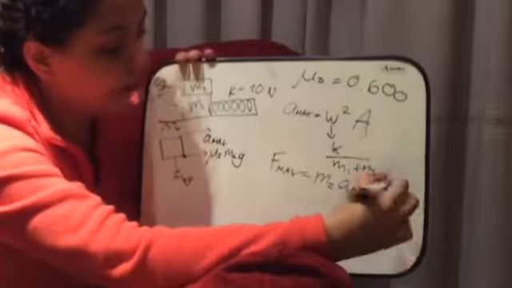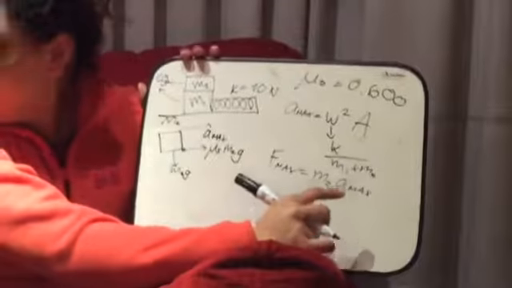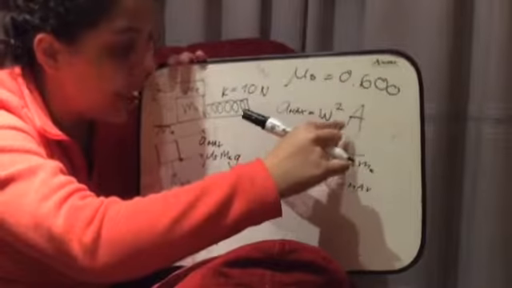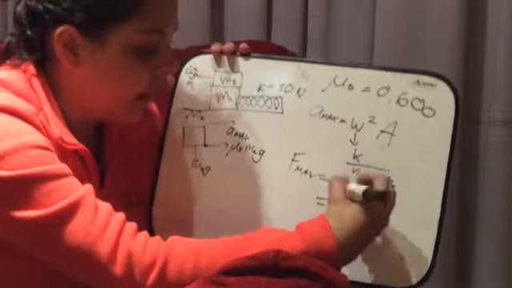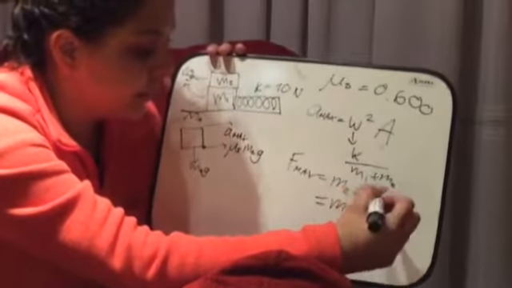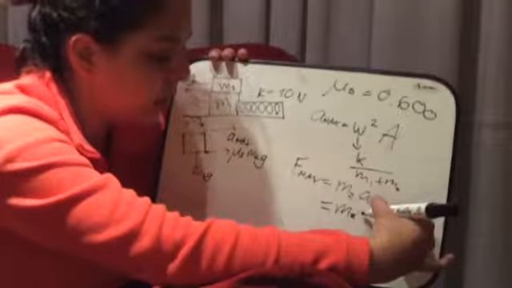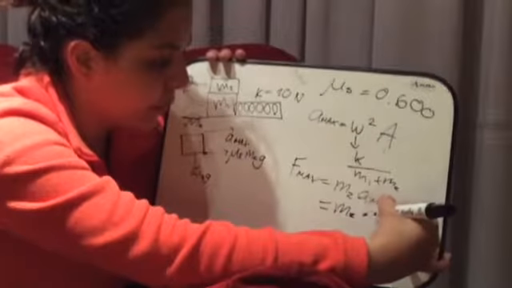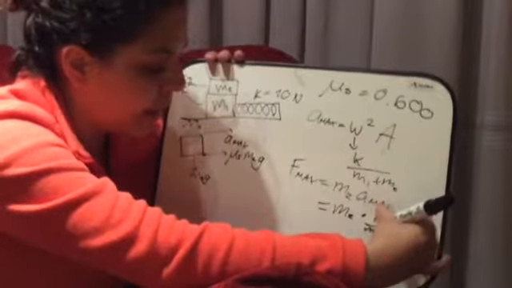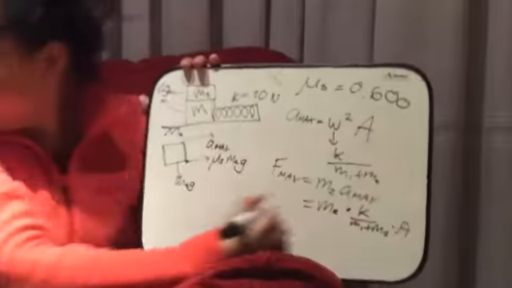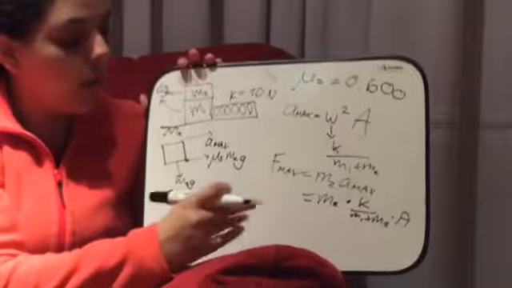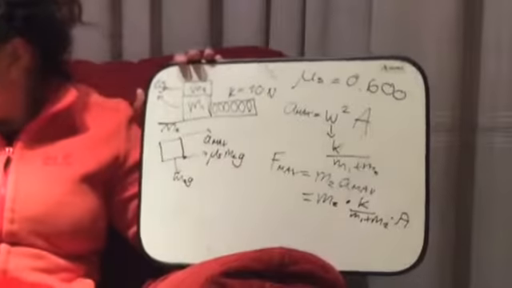We know that A max should be equal to this, and this should be equal to this. So we can turn this into m2 times k divided by m1 plus m2 times A, right? So this equals this above.